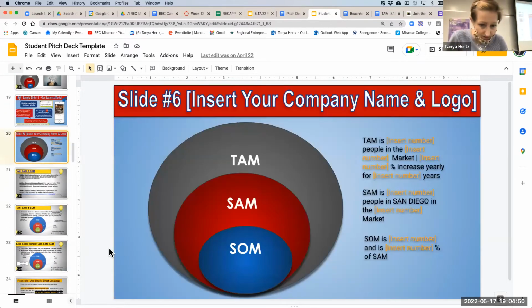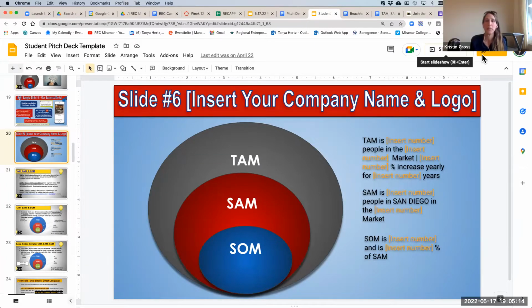Can somebody else in the class just tell us who your TAM would be and your SAM would be? Yeah, I can chime in. So my TAM is the U.S. health caregiving market, which is 34 billion.